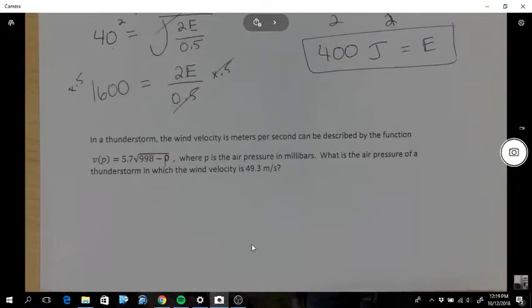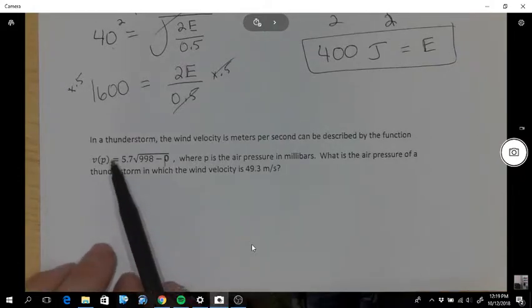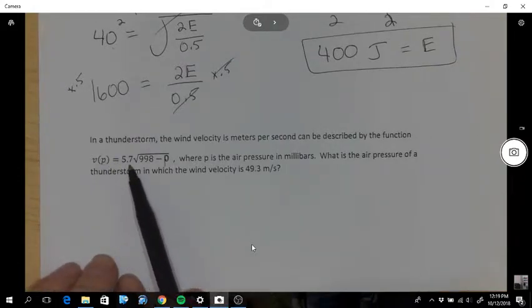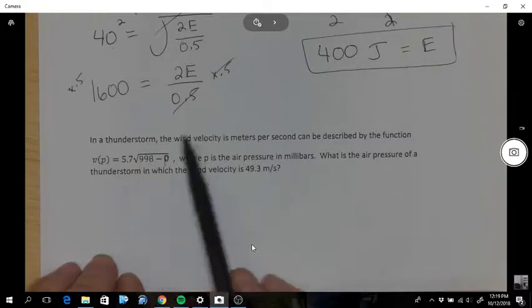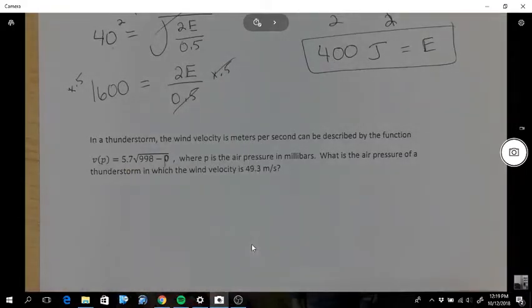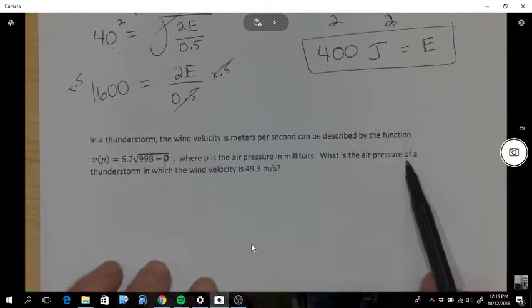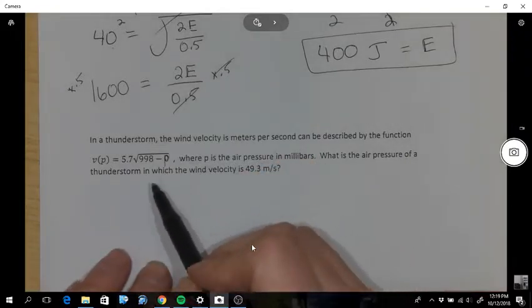Okay, next question. In a thunderstorm, the wind velocity in meters per second can be described by this function. So V equals 5.7 times the root of 998 minus P, where P is the air pressure in millibars. What is the air pressure?